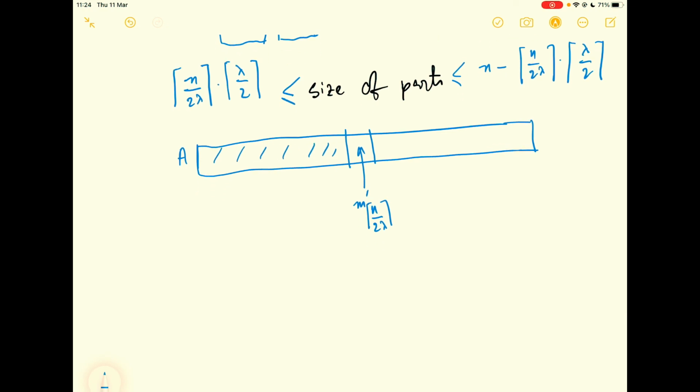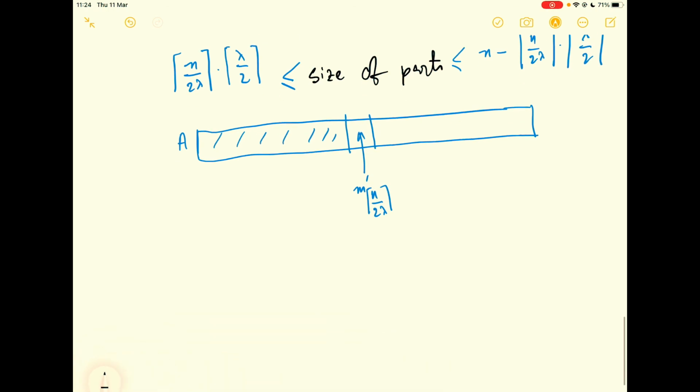So this shows the important thing, that the size of each part is bounded. So we have written this.